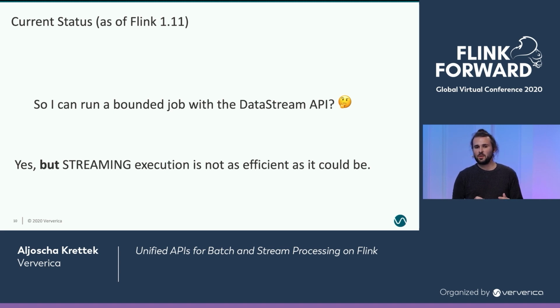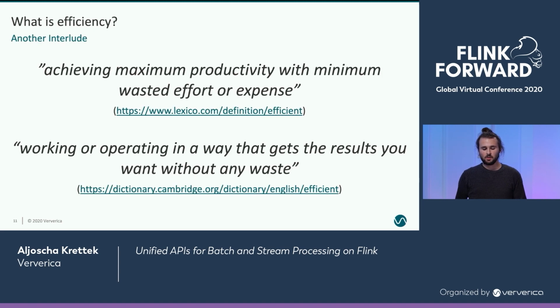If you use the DataSet API, for example, there will be different runtime algorithms and data structures used underneath that are more efficient than what we can do in the DataStream API. I will go into that a bit later, but for now, let's see what it actually means.